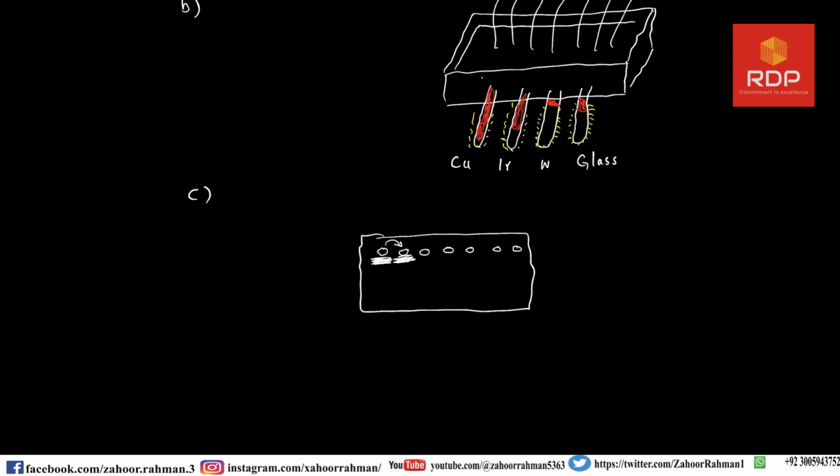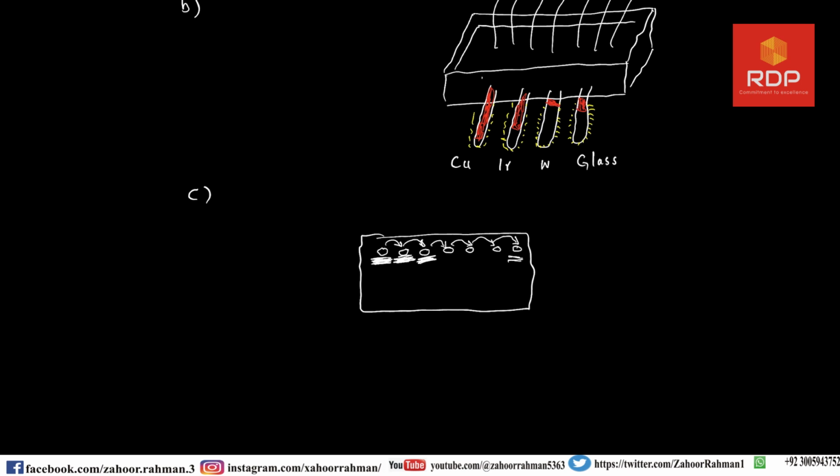As a result the second molecule also starts vibrating, and in this way it transfers heat, and this process continues till the heat reaches the cold end. So that was the mechanism of how heat is transferred from the hot end to the cold end.